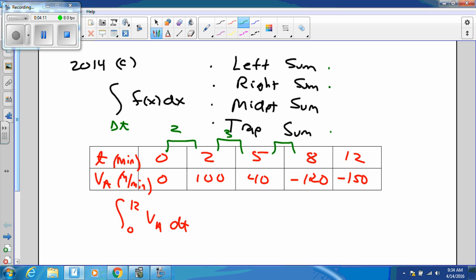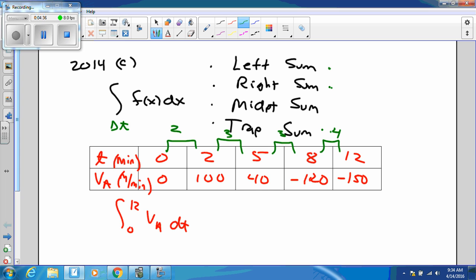So here we have 2, 3, 3, and 4 minutes for each subinterval. This works well for the left sum, for the right sum, and the trapezoidal sum. It's not going to work for the midpoint sum. That's going to be special, and I'm going to have to come back to that in just a minute.